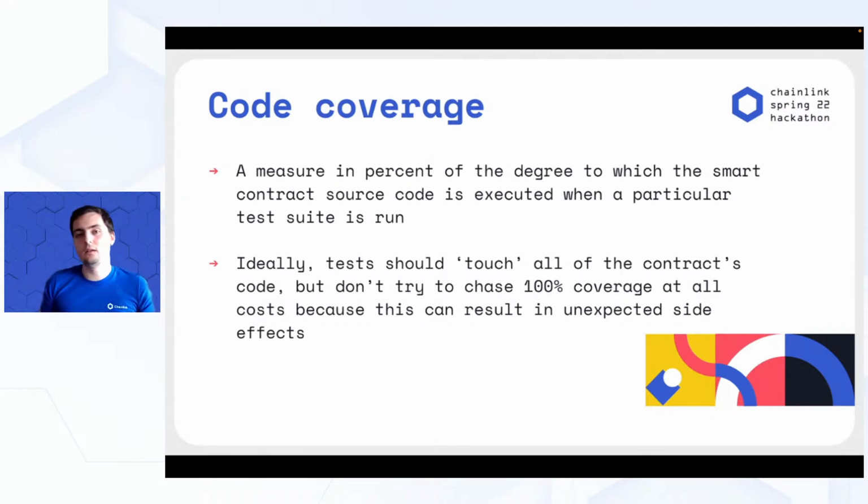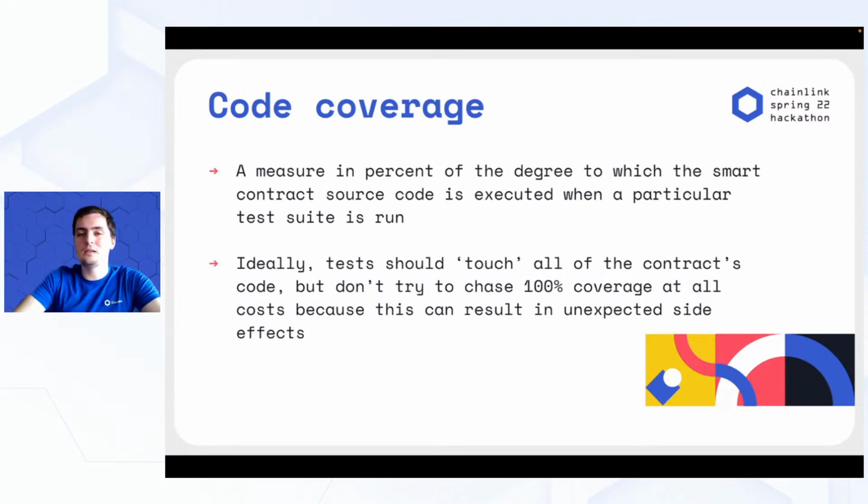Ideally, you have 100% coverage, touching all of the branches and everything. But my recommendation is that if you finish your smart contract tests and you have 90+%, maybe 97%, 94%, whatever, that is essentially enough.